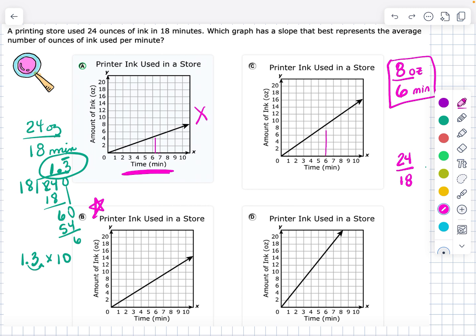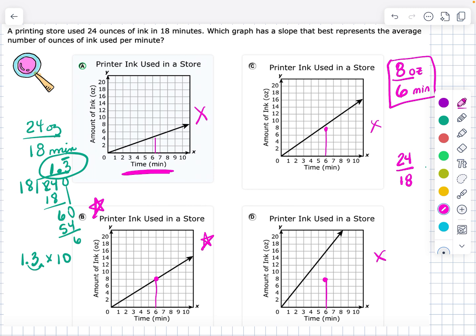I still wouldn't rule it out because of that, but if I hit it exactly, that'd make me feel better. There it is, exactly 6 minutes, 8 ounces. This one's 6 minutes, 8 ounces is right here. So that's totally off. So all 3 of those are no good, and this one again comes out ahead.